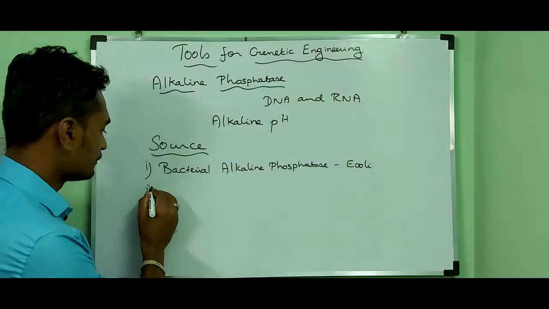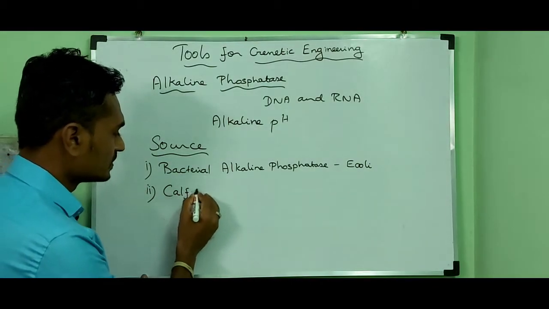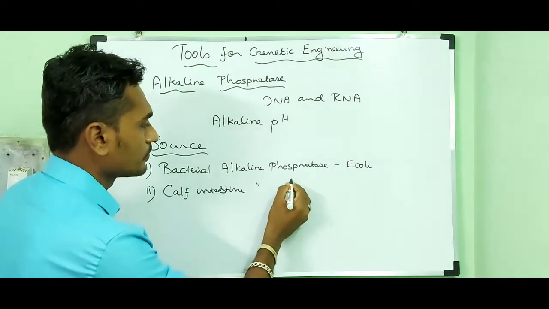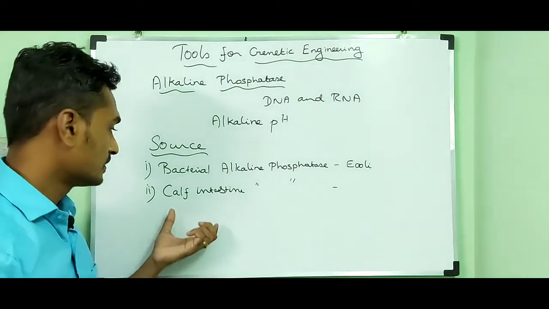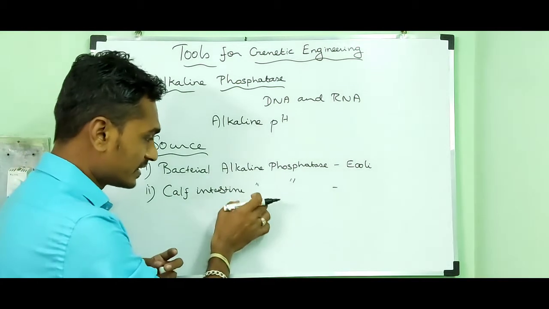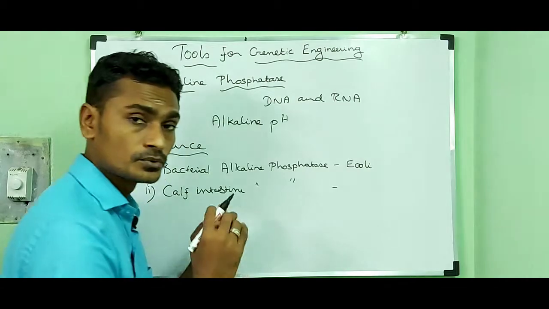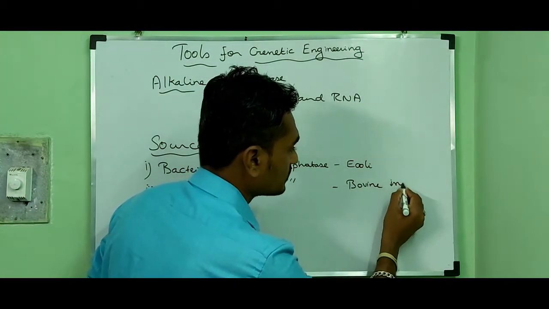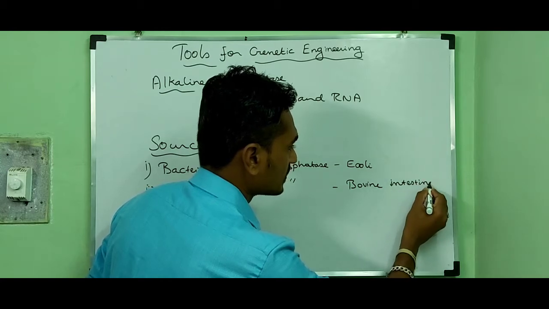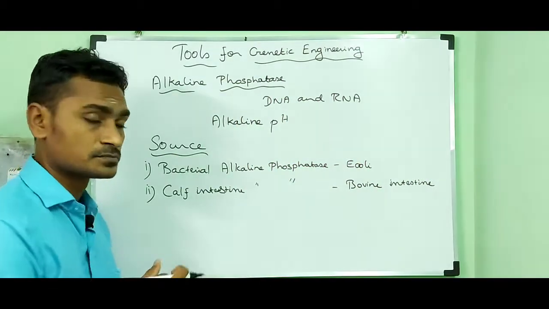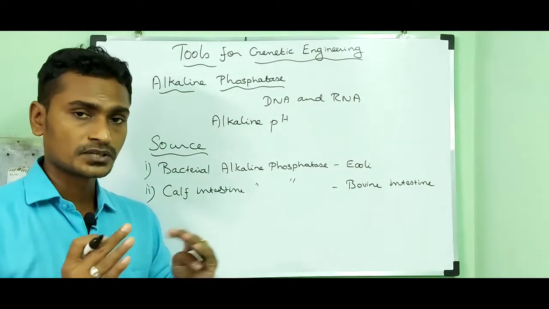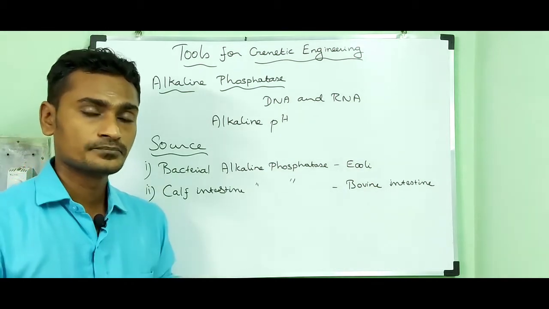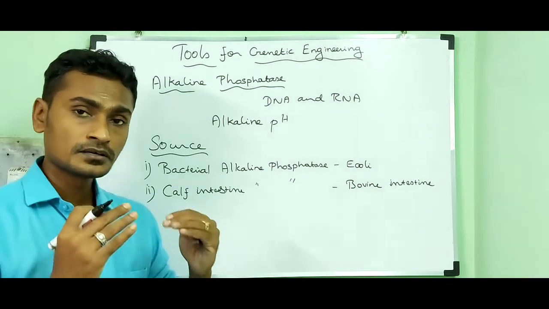Then the second one is calf-intestine alkaline phosphatase. This enzyme is purified from bovine intestine. Calf-intestine alkaline phosphatase is widely used in biotechnology labs because it can be easily destroyed by protease digestion or by heat.